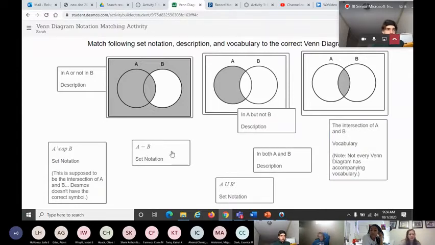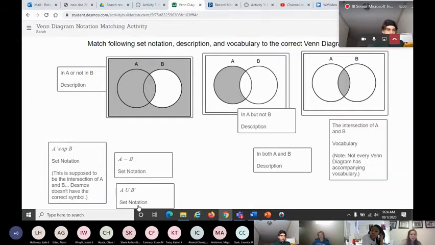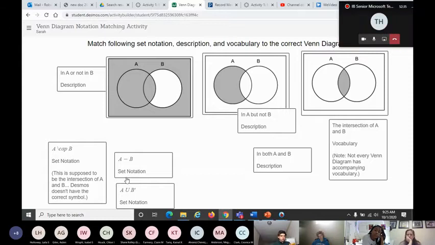Okay, so we're looking at the set notations. So we have these three things here. Do you think it is A intersect B, the union of A and not B, or A minus B? Anybody?